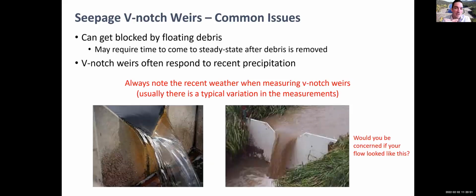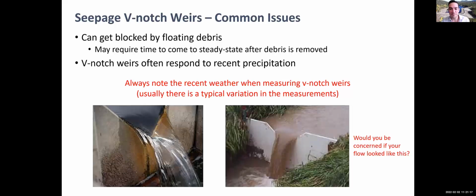V-notch weirs are notorious for collecting weather data, so always make a note of past weather. Sometimes you have large embankment slopes, collection ditches and areas. If the ground was saturated from rain the evening before, you will have noise in your data. Having those notes helps you later, so always note the weather.